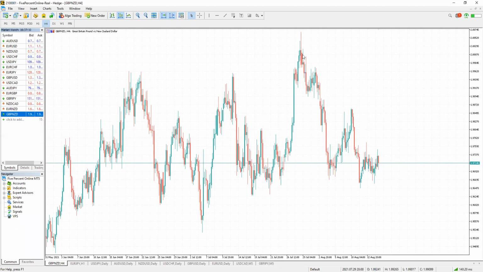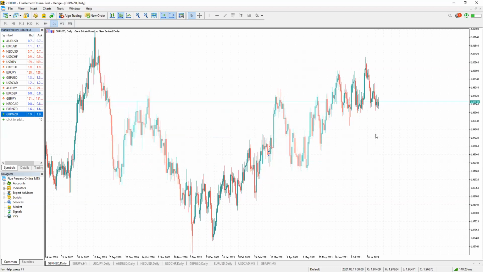Yeah, we've been forming lower lows and lower highs, so there's an argument to go short. It has been a very balanced pair. There's a lot of sideways movement. If we go to the dailies, of course, we are forming higher highs, but with a lot of choppiness.